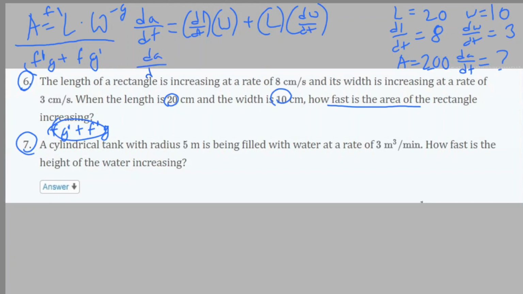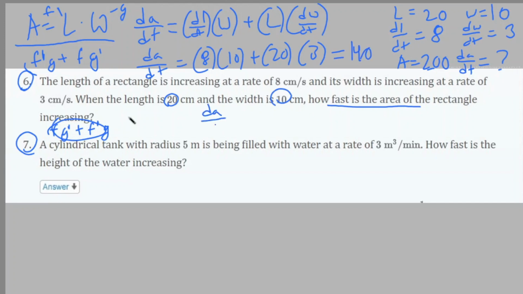So we get dA dt is equal to dL dt, which is 8, times 10, plus 20 times dW dt, which is 3. And we get 80 plus 60, which is going to be 140.